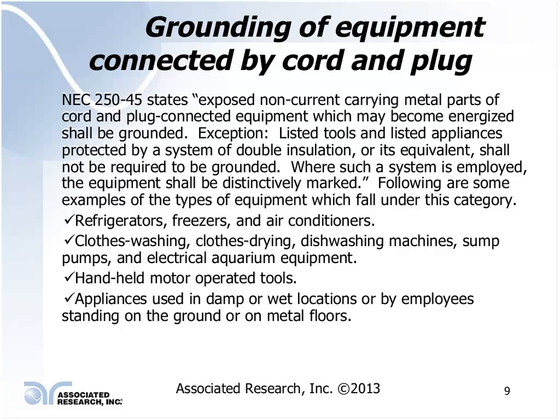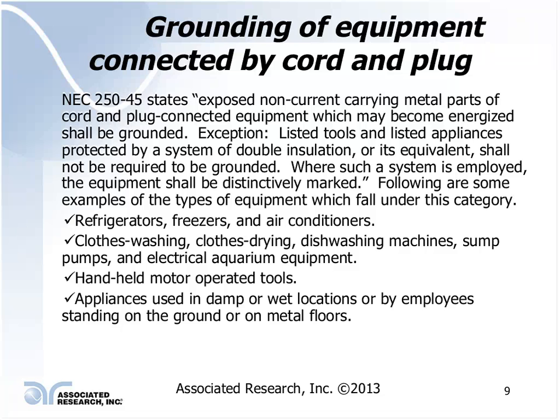Where such a system is employed, the equipment shall be distinctively marked, and following are some examples of the types of equipment which could fall under this category. It gives some examples: refrigerators, freezers, air conditioners, clothes washing machines, clothes drying machines, dishwashing machines, sump pumps, electrical aquarium equipment, handheld motor-operated tools, appliances used in damp or wet locations, or by employees standing on ground or metal floors.